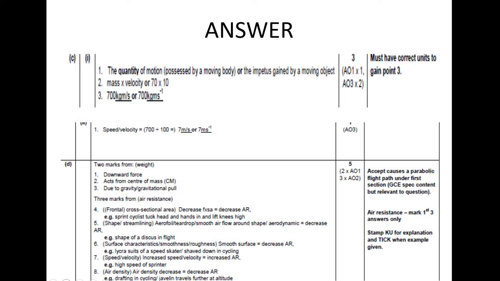Or any object, javelin, shot put, hammer throw, anything like that, if they're being thrown at a high altitude, then they will travel further. There's less air resistance. A lot of the world records for the throwing events are set in places of high altitude.